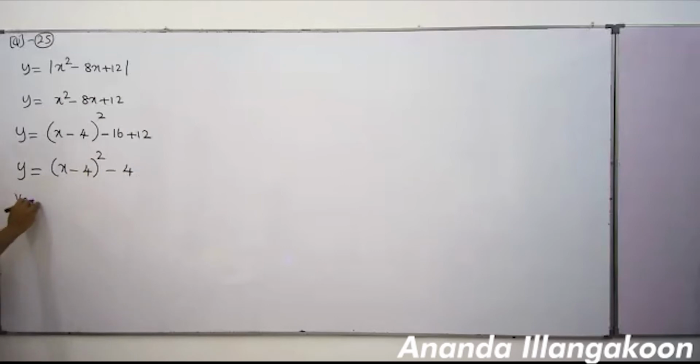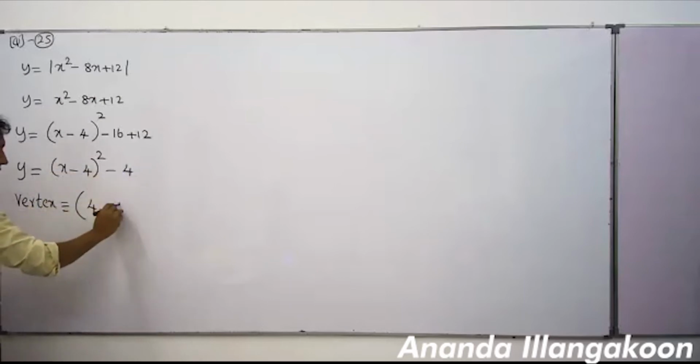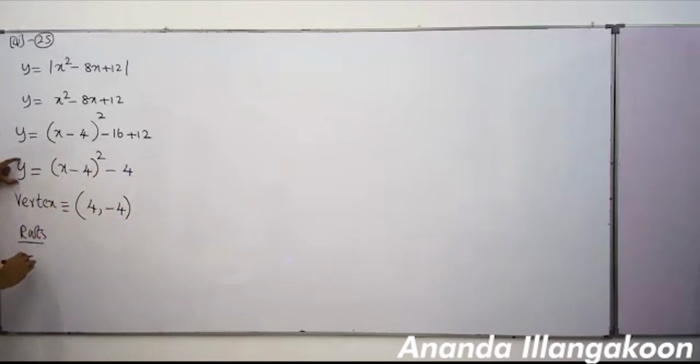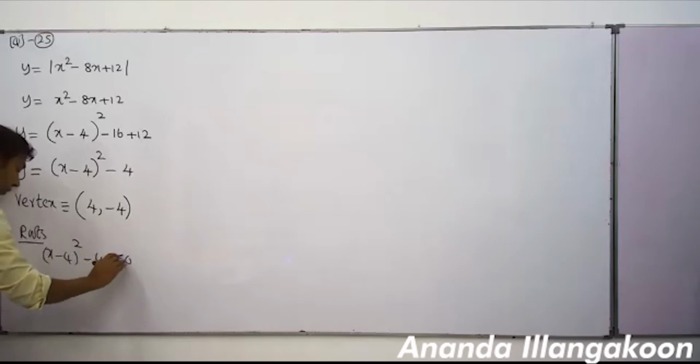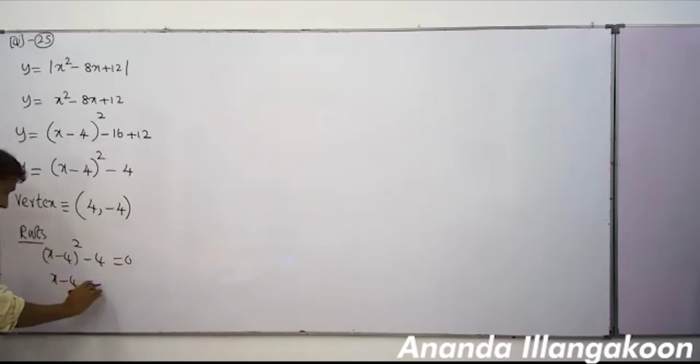What is the vertex? Change the sign of this to the opposite, plus, and with this sign we have to take this. Root, because this is 0. x minus 4 perfect square minus 4 equals 0. Take this right hand side and take the square root.